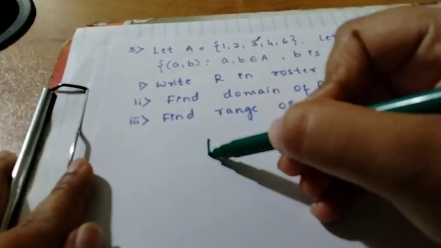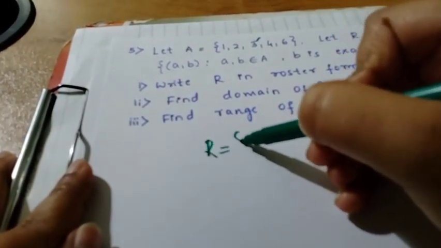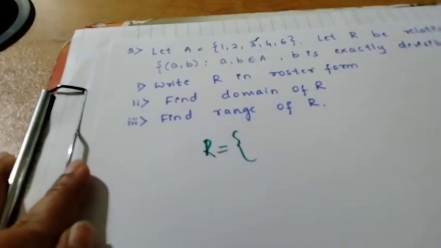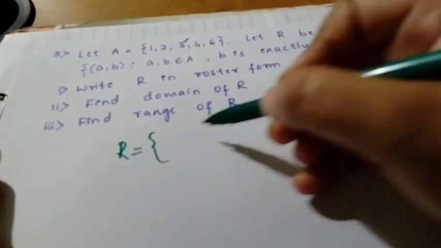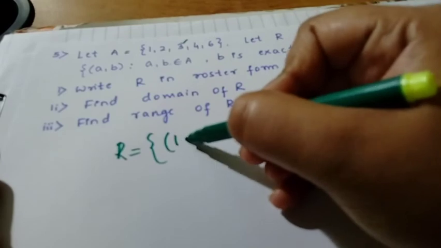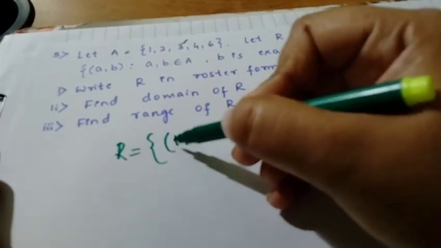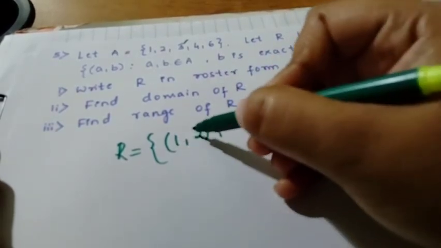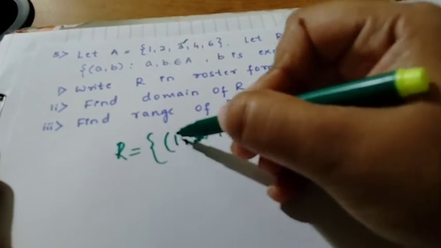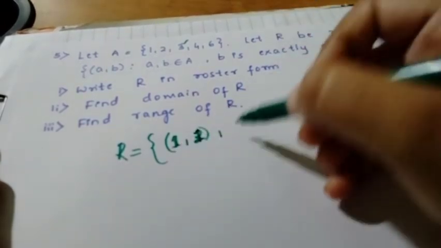So first I have to write the relation R in roster form, which means the given relation itself you are going to write. So (1, 2), 2 by 1 is exactly divisible. First I take (1, 1). 1 is dividing 1.